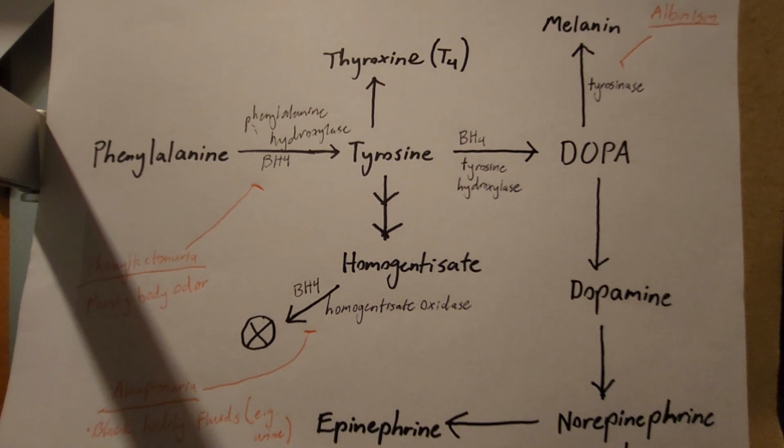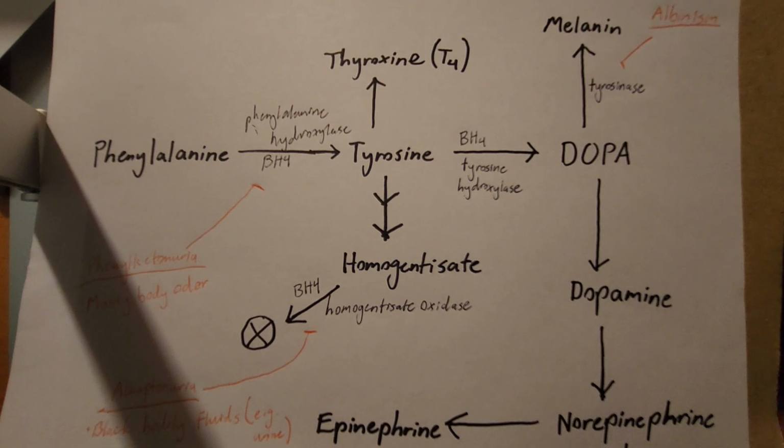The melanocytes themselves are normal, but they just can't convert DOPA to melanin. This is in stark contrast to another fairly common disease, vitiligo. Vitiligo is caused by an autoimmune destruction of melanocytes, so it has a decreased number of melanocytes.